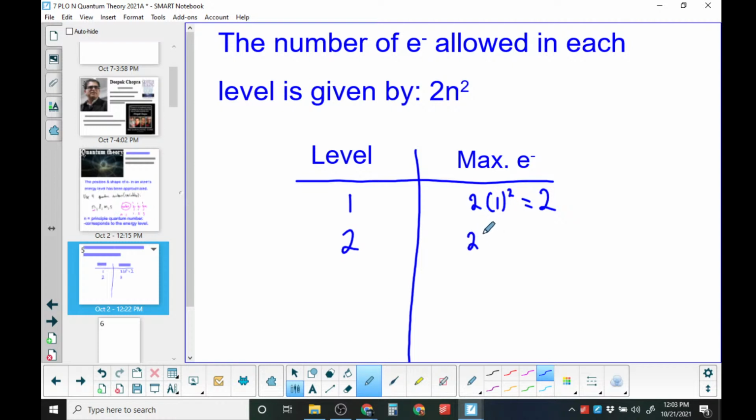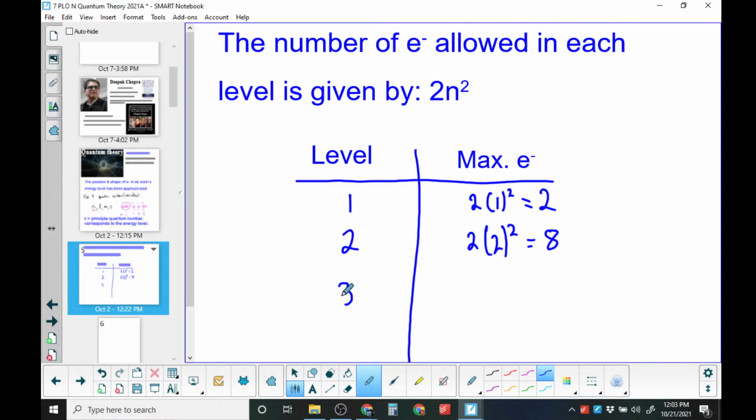Louder? What's 2 squared? Sorry? That's 4 times 2? 8. Excellent. For n equal to 3, oh, Simon's not here. Kaylee. Oh, okay, I'll relax.